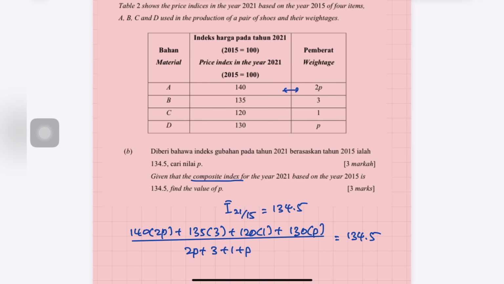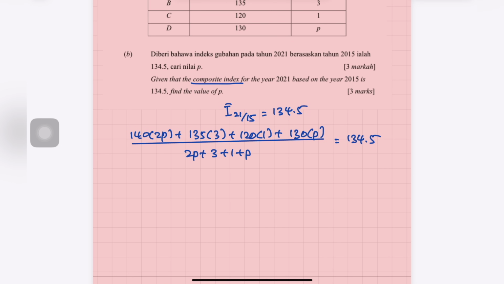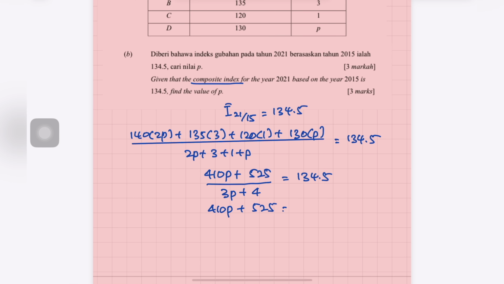Okay, so you all kira lah kan semua ni. Okay, so this one 410P plus 525 over 3P plus 4, okay, equals 134.5. Lepas tu 410P plus 525 is 134.5 times 3P plus 4.